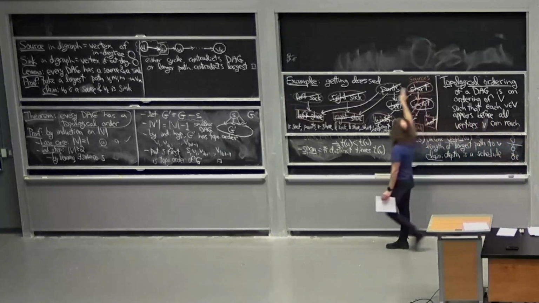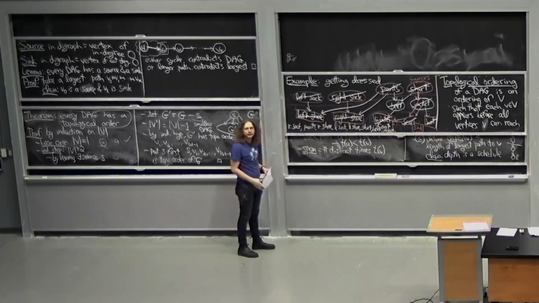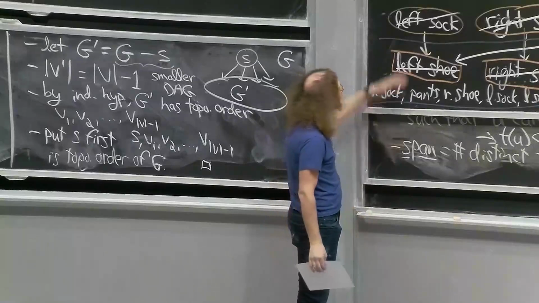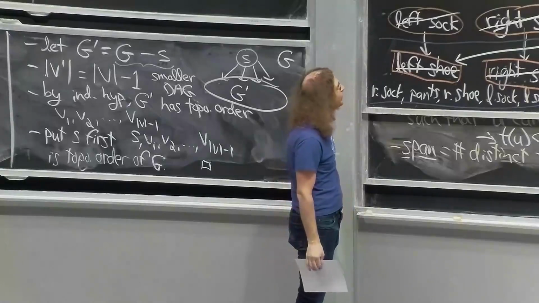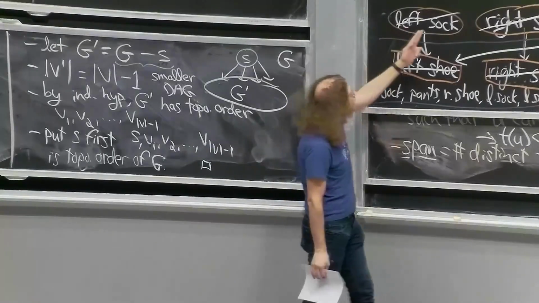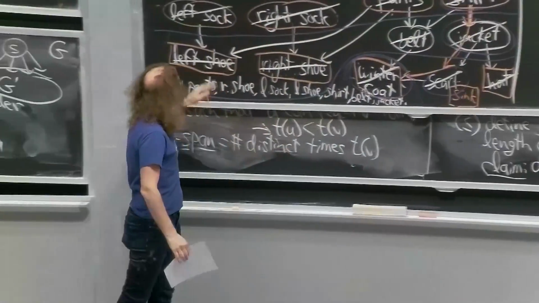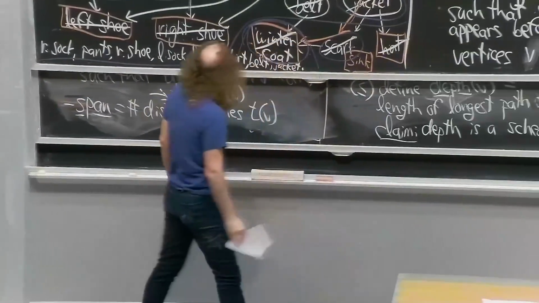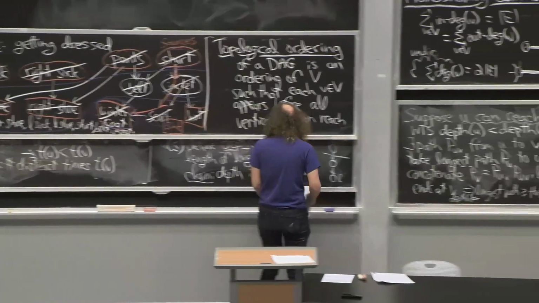For example, all the sources, by definition: you can't reach any of them from any other, because if you start outside, you can never get to a source, unless you started at that exact source. So all the circled red vertices, which are the sources, are an antichain. So are all the squared ones at the bottom. Those are the sinks. There are 4 of them. Those form an antichain.